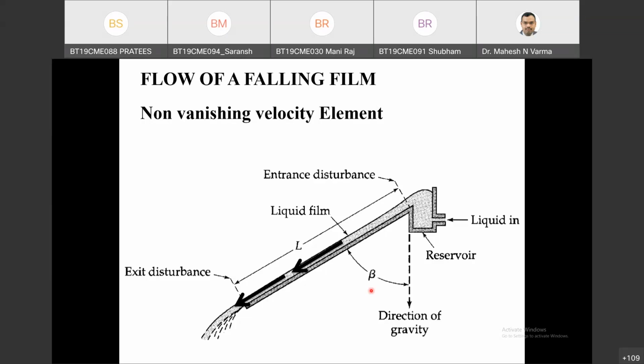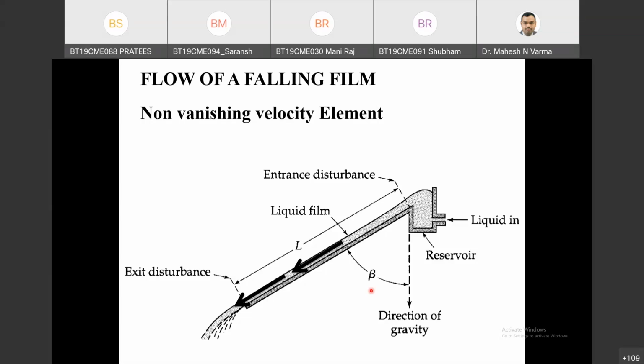In the Cartesian coordinate system, x varies from 0 to L, y varies from 0 to W, and z varies from 0 to Z. Then the cylindrical coordinate system: r, theta, and z. r is radius, theta is angle, and z is the axial direction. And the spherical coordinate system is r, theta, and phi.